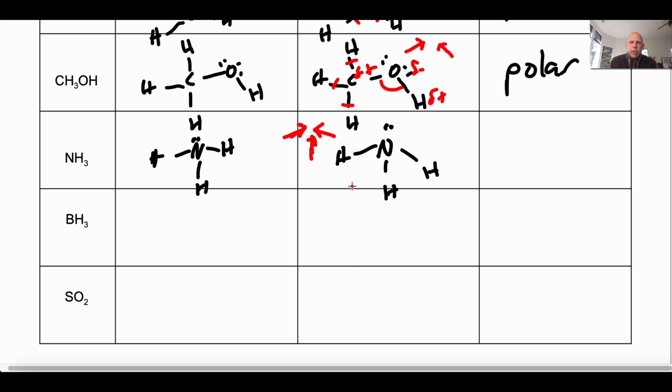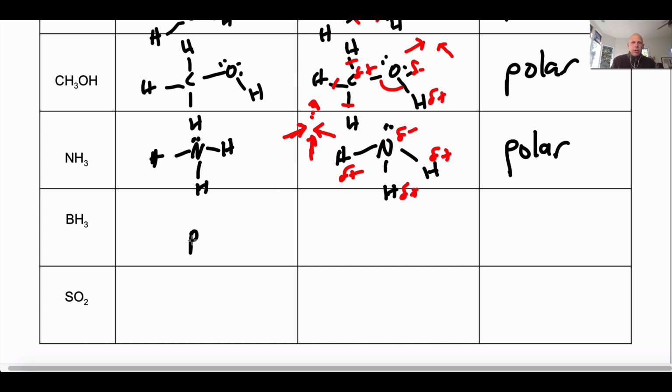These are not going to cancel out because these arrows are going slightly upwards. They're not hitting each other, but this one's pushing everything in that direction. So we got an overall molecular dipole there. The arrows are pointing towards nitrogen, so we make it partially negative. And because these charges do not cancel, the molecule is polar.